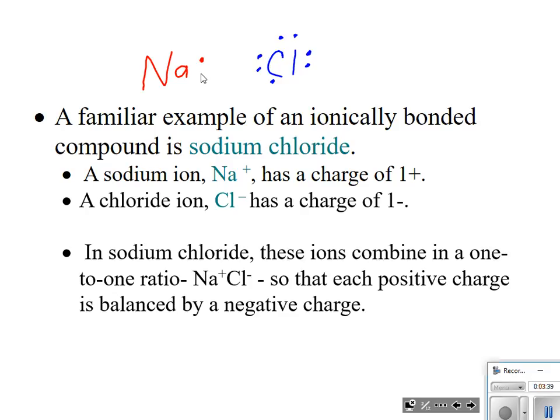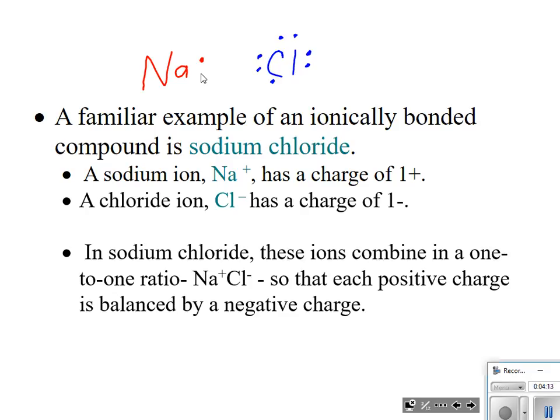What's the shell under that 1 valence electron? The shell under that 1 valence electron has 8 electrons already on it. So, does it make sense that sodium wants to give away its electron? Yes, because there's a full shell under it. Does it make sense that chlorine wants to gain 1 electron to have a full shell?